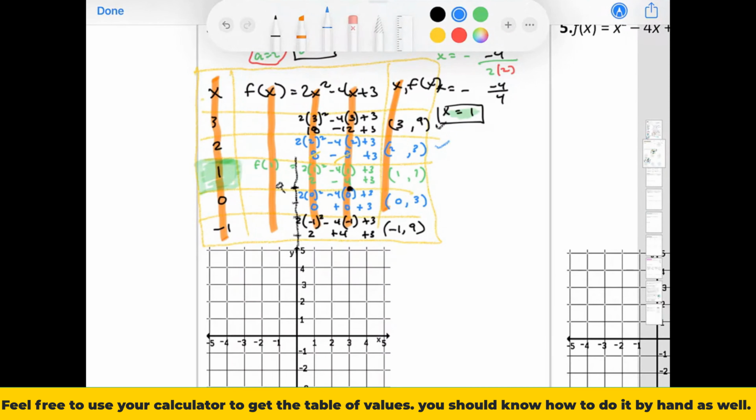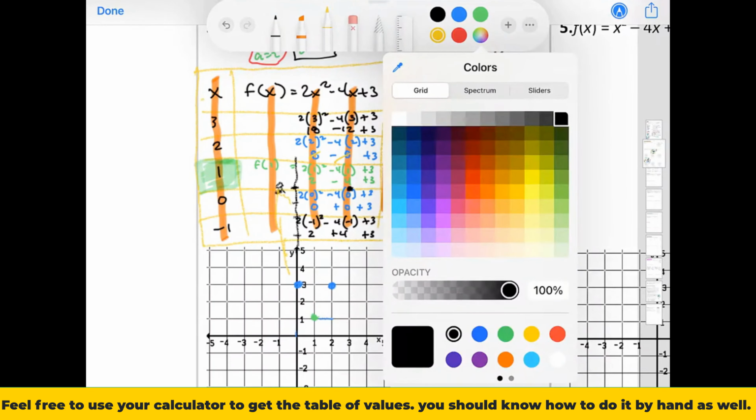Right. 2 up 3. 1, 1. 0, 3. And the points should be symmetrical. Right? So 1, 2, left 1, up 2, but it gives you the same point. And then black, negative 1, 9. Left 1, up 9. So here's my graph. I need a darker color.